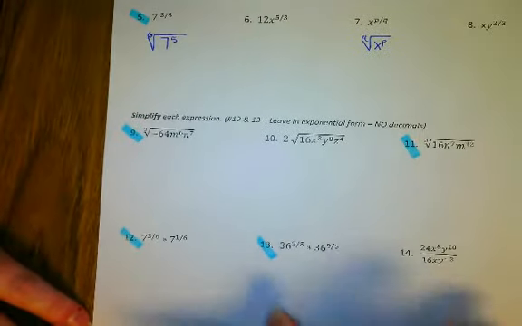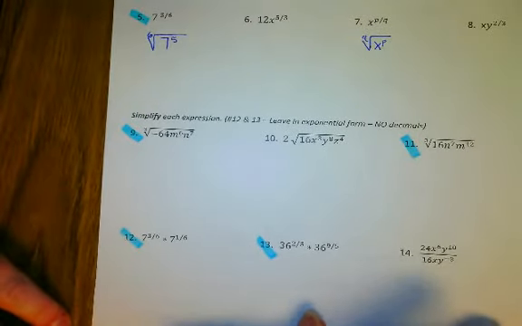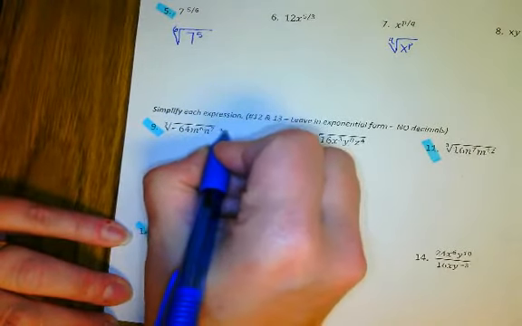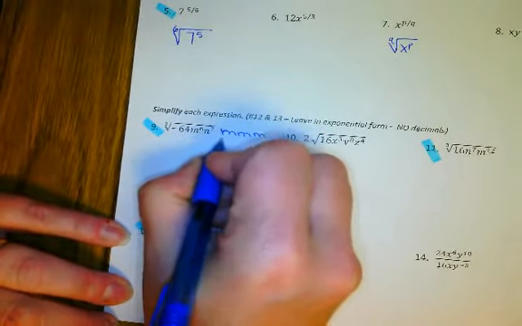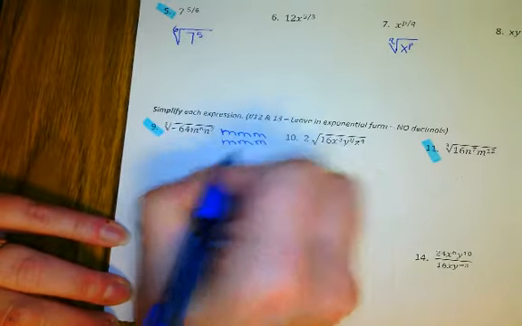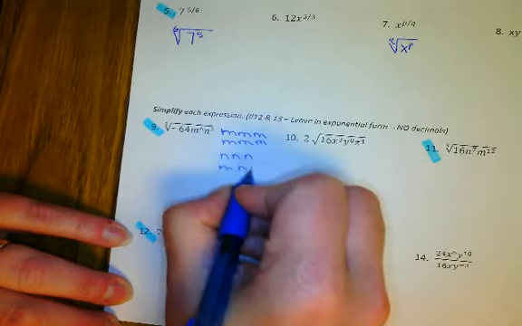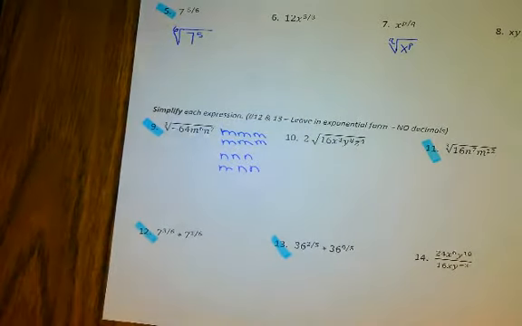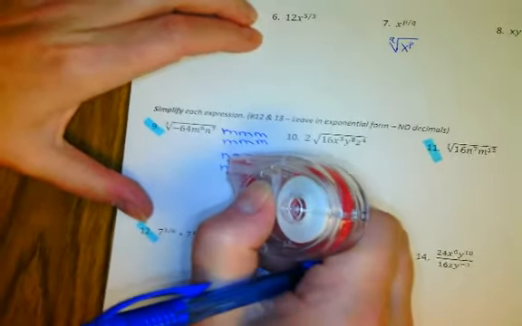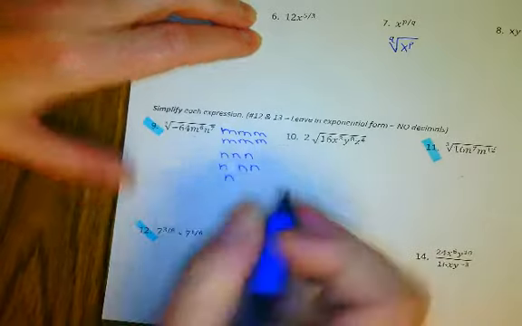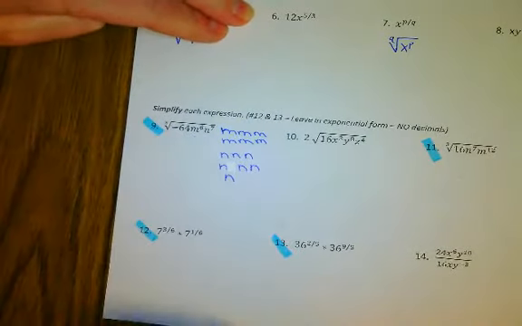Okay, down here I am simplifying. So here, if I'm simplifying, I'm looking for groups. So for instance, I got 6 m's, and I have 7 n's. Okay, and I can tell it's a cube root, so my groups are going to be 3.